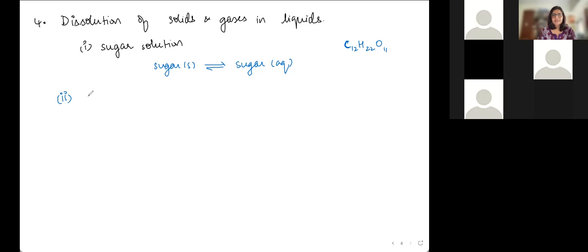The other one, for gases and liquids, one example is something that you all have seen in your daily life. CO2 gas dissolved in water. So CO2 aqueous. Where have you guys come across this? Do you know? Are you aware of this?